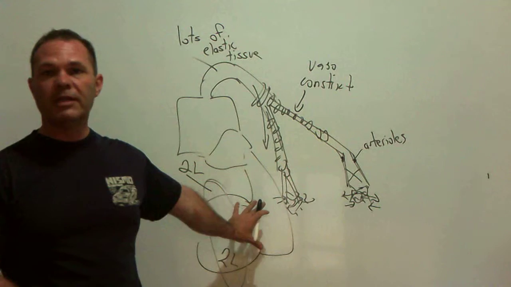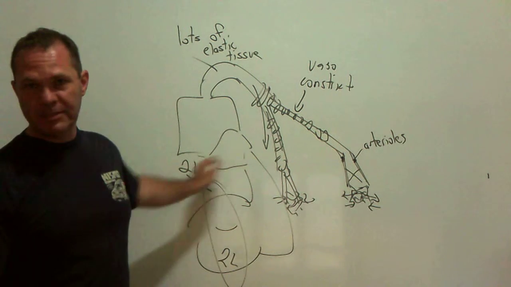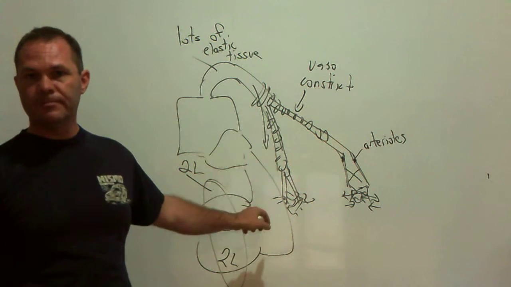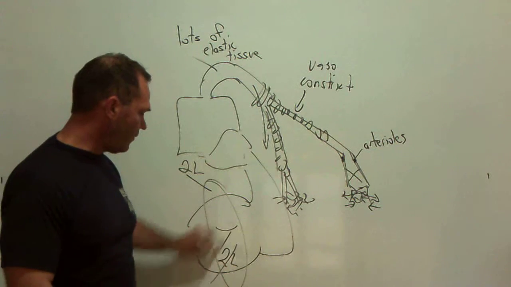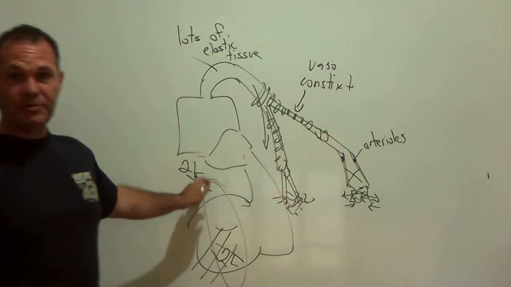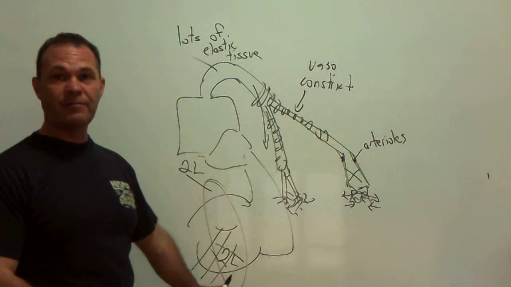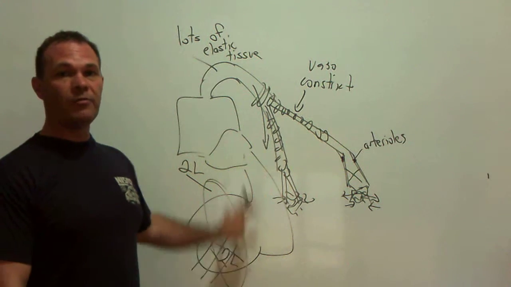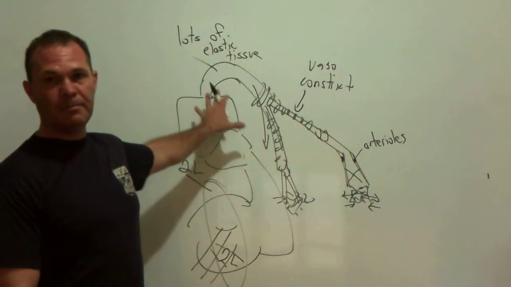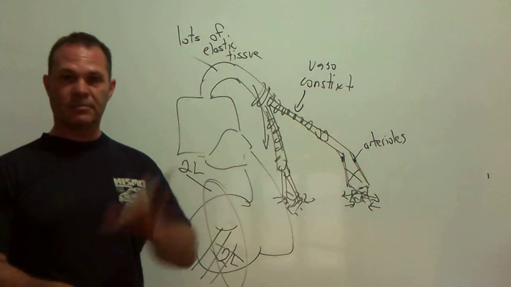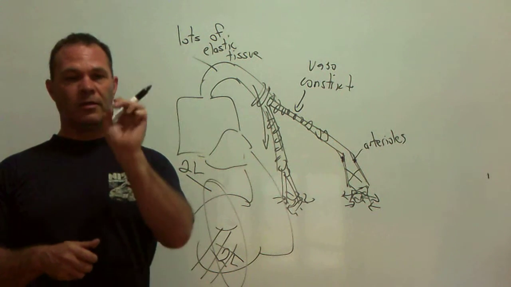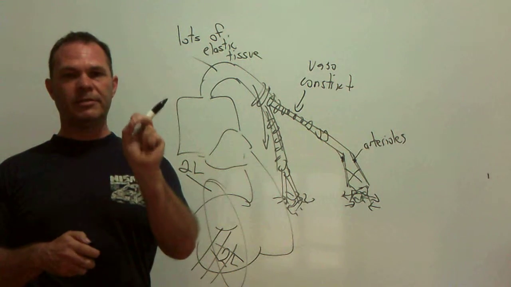So I'm going to need 4 liters in total in order to get 2 liters in the area I need it. If I can shut this off, I can still get 2 liters here and save myself 2 liters. So I've reduced the fluid demand of the circulatory system just by controlling those little tiny taps, the arterioles.